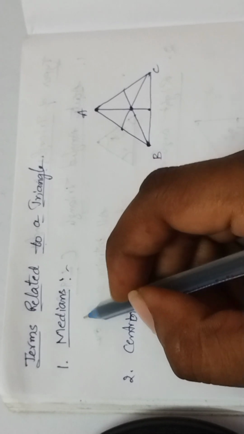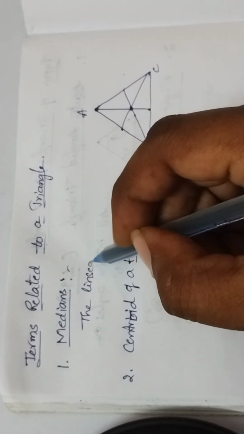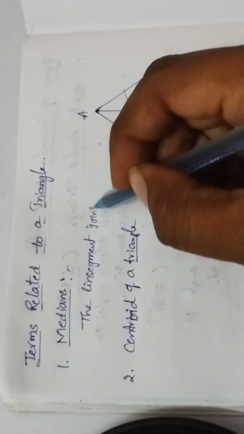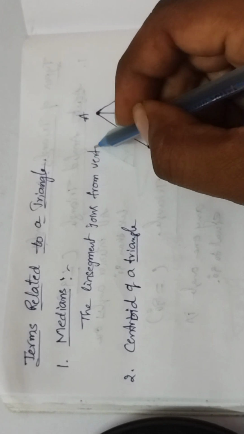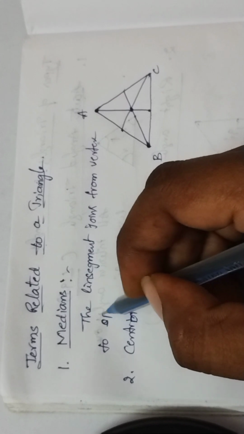A median is nothing but the line segment that joins a vertex to the midpoint of the opposite side.